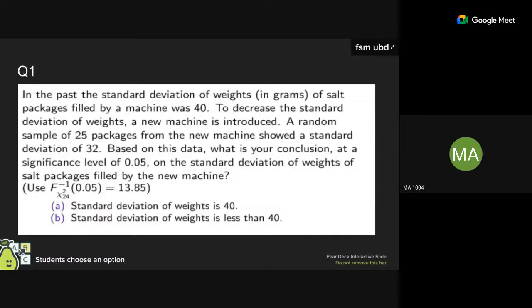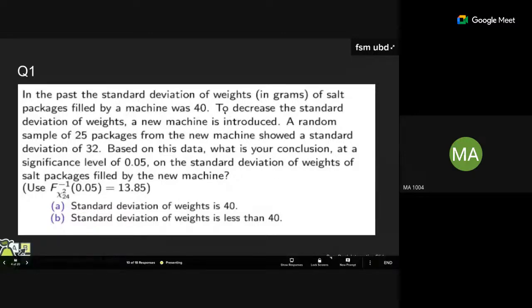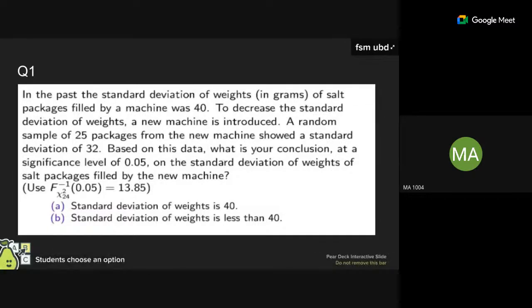The second statement will give you the hint on how to pick the alternative. The first statement gives you the null, and the second tells you the alternative. To decrease the standard deviation means initially your null is sigma equal to 40, and if I have to decrease it, then my sigma should be less than 40.